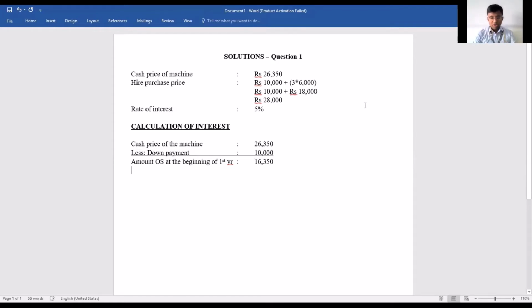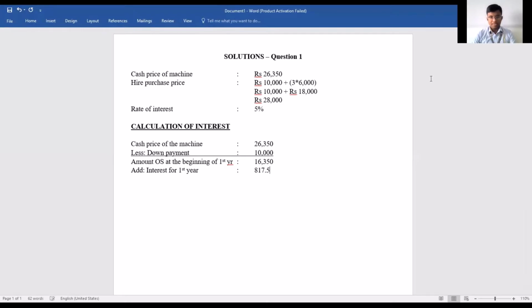Now moving on, we will have to compute the interest for first year. Now interest we will be calculating at 5%. But 5% of what? 5% of 16,350, which is 817.5.